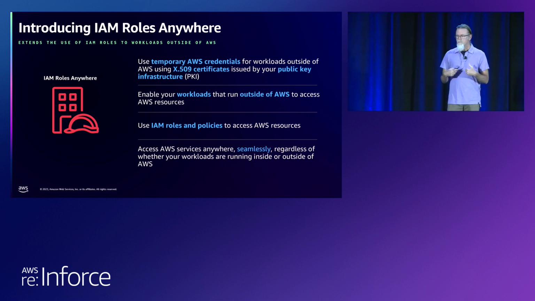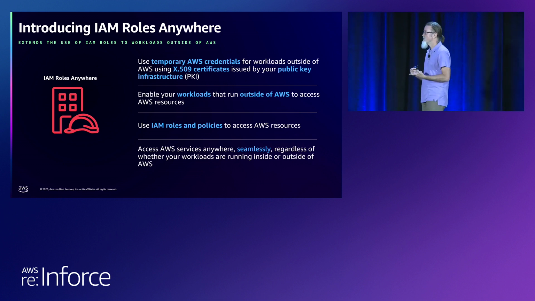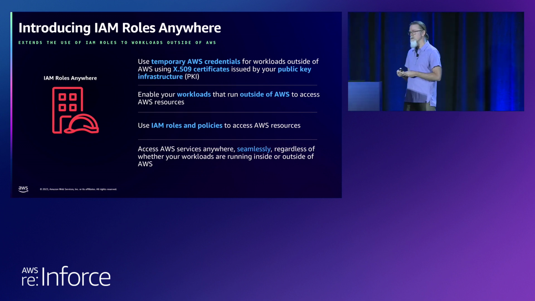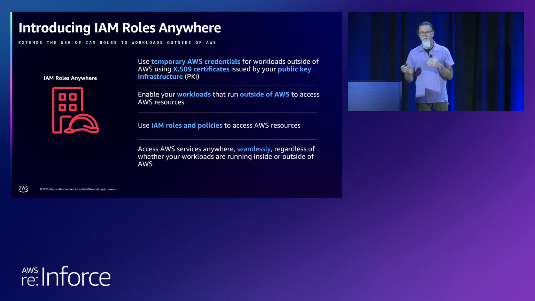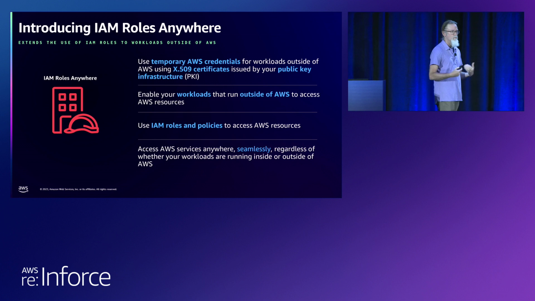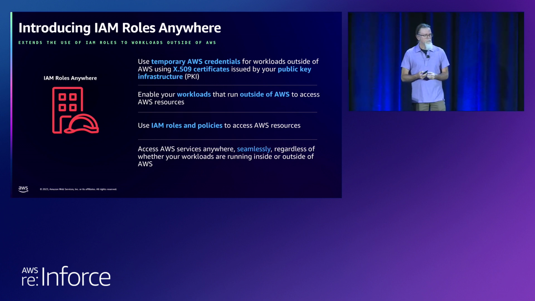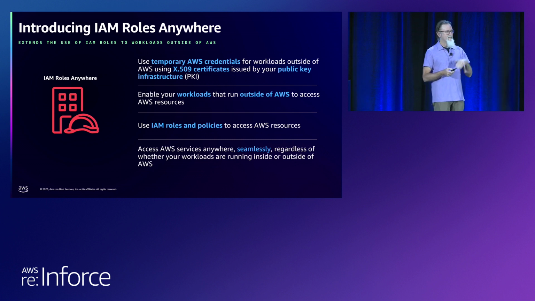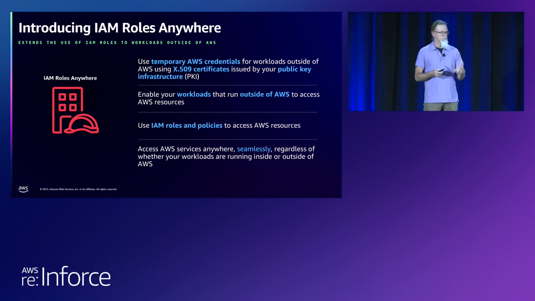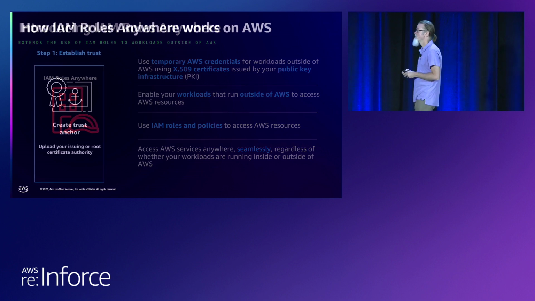We do the same thing with Roles Anywhere, leveraging PKI X509 certificates, so that your servers, containers, and applications running in your data centers or off AWS can use IAM roles and policies the same way they would in AWS, and do this seamlessly through SDK integration.